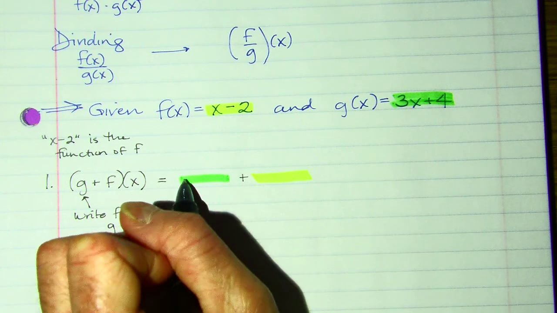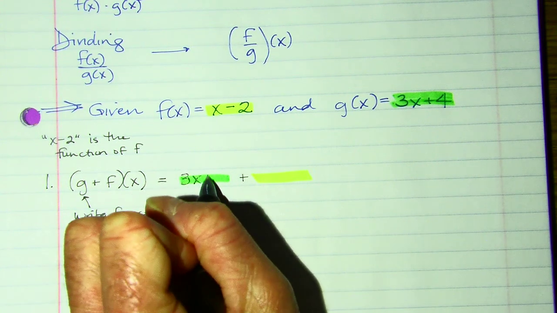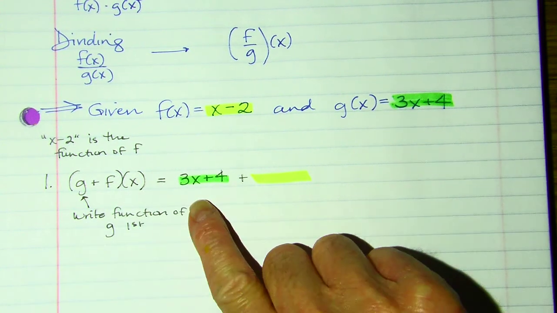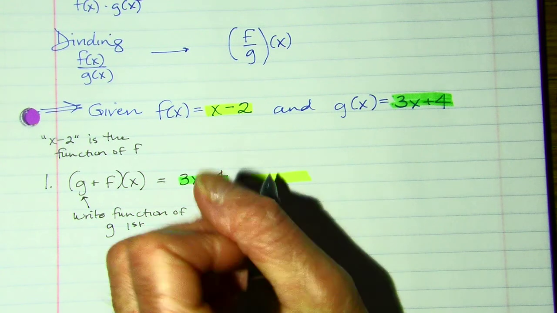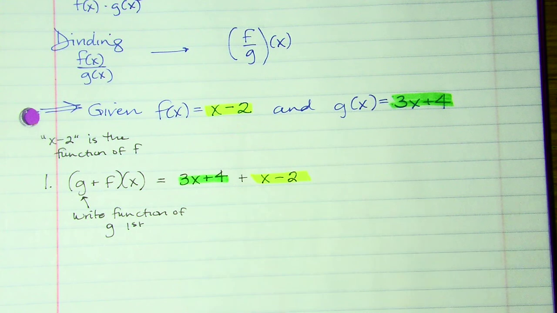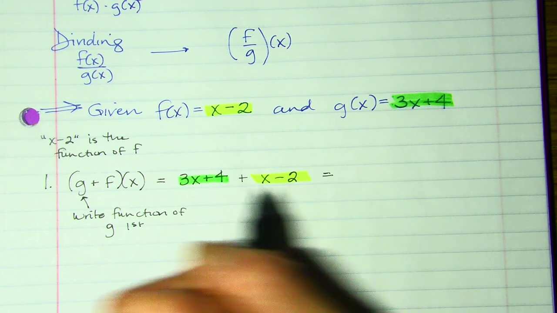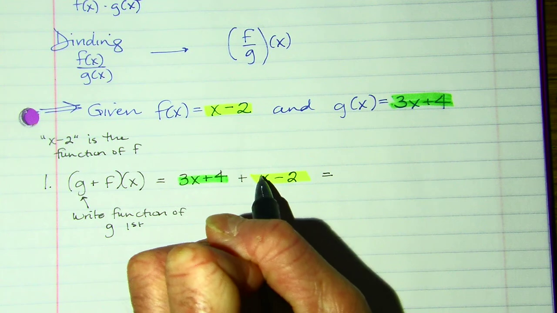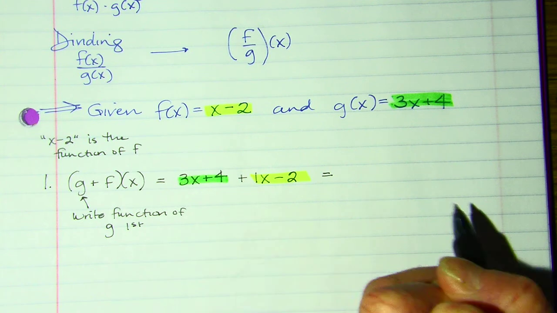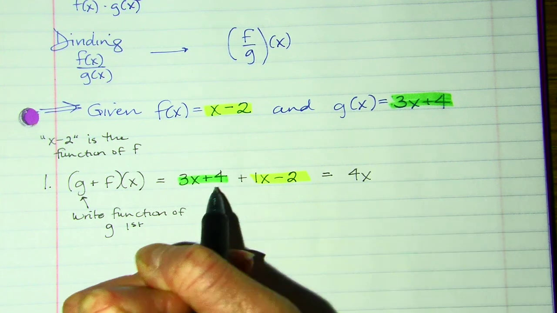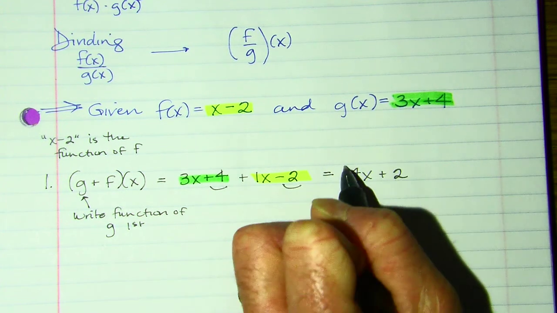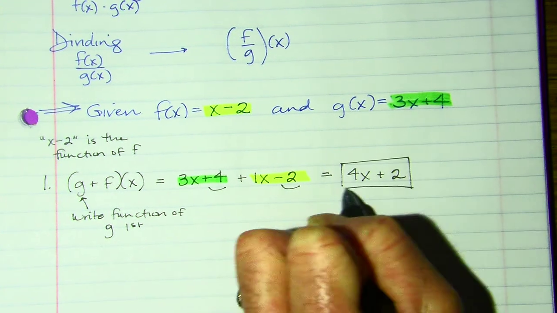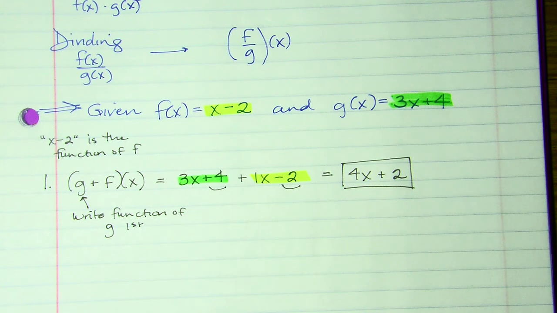Okay? So here is 3x plus 4, right? That's the function of g. And they're asking me to add the function of f, x minus 2. And to do that, we're simply going to combine like terms. So 3x plus 1x, right, there's a 1 here, is 4x. And 4 minus 2 is a positive 2. So this would be our answer. Okay?